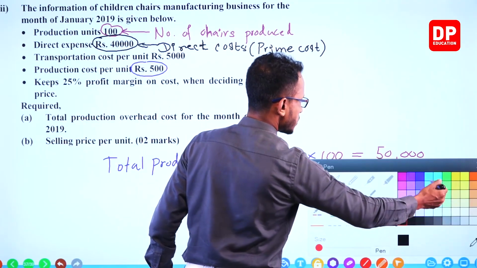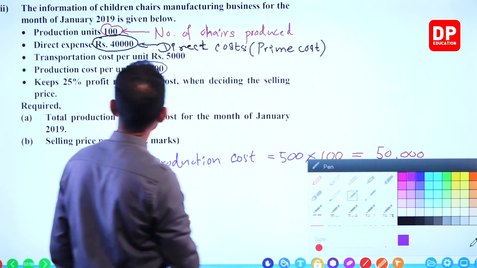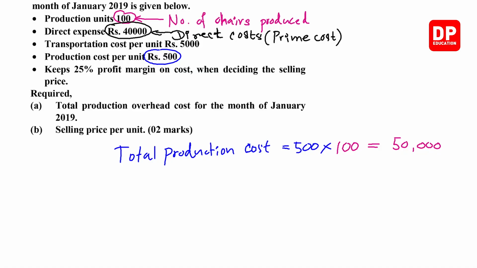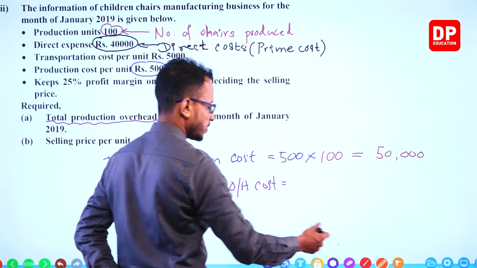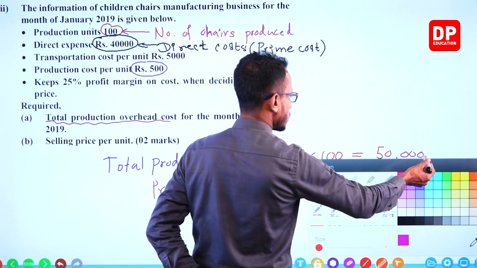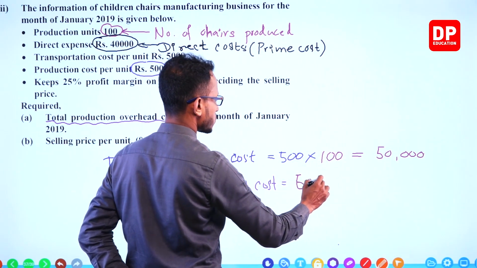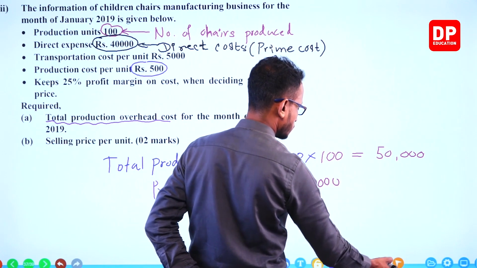What we have to calculate is the total production overhead cost. So production overhead cost is 50,000 minus 40,000.